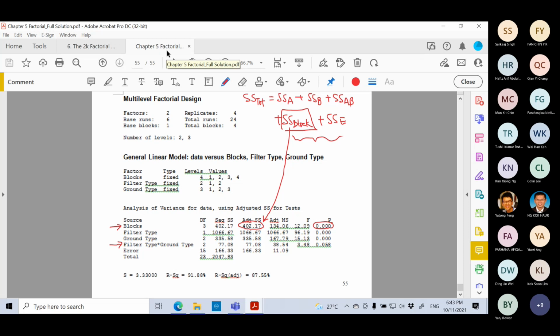So after the factorial analysis, we will go through one more chapter. This one will be very useful. It's called the 2 to the power of k factorial design. I believe one of the students before has shared the link of the textbook, so you can read it in more detail, because what I explained to you is just the summary.